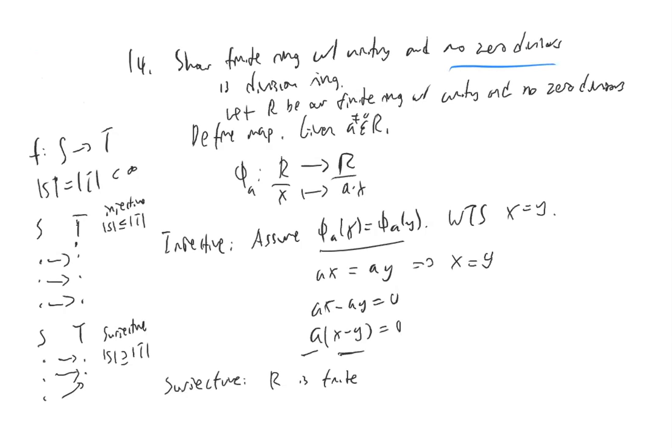Okay. Anyhow, once we have that, does anyone see why we're done? Phi A is surjective.